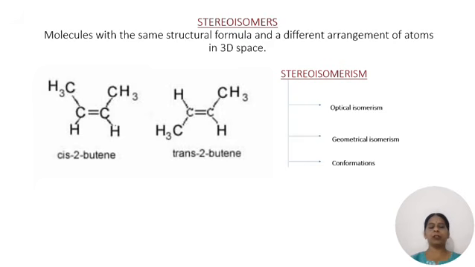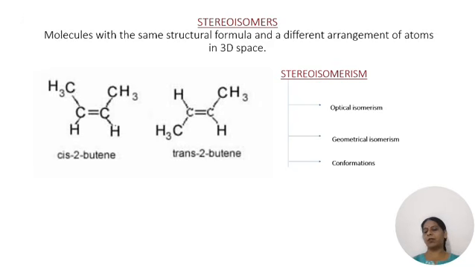Where both CH3 groups, which are attached to the multiple-bonded carbon atoms, are on one side of the multiple bond, we get the cis isomer, and if they are present on exactly opposite sides of the multiple-bonded carbon atoms, then they are considered trans isomers. So we got two different arrangements of atoms or groups of atoms in 3D space. These are called stereoisomers.